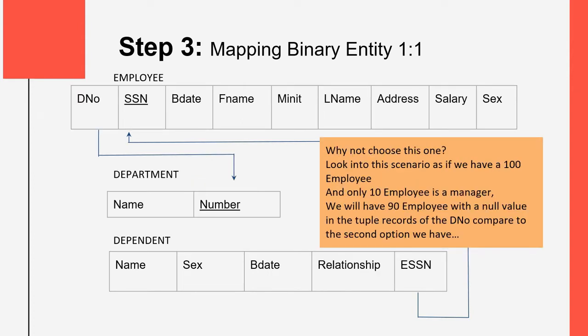Okay, why not choose the first one? If we choose it, we will look into a scenario. For example, if we choose this one, this will mean we have a department number and we have the SSN.